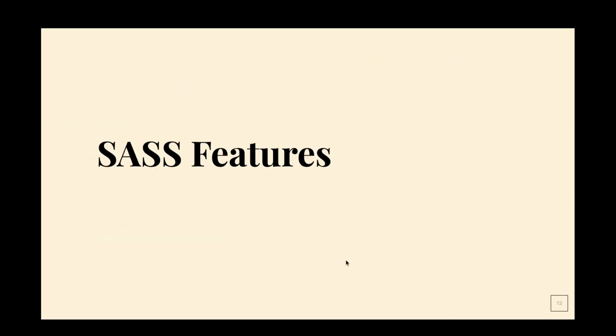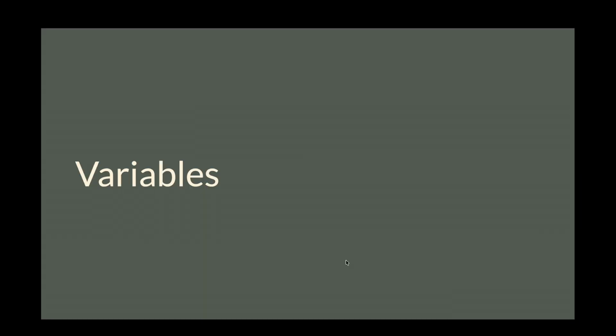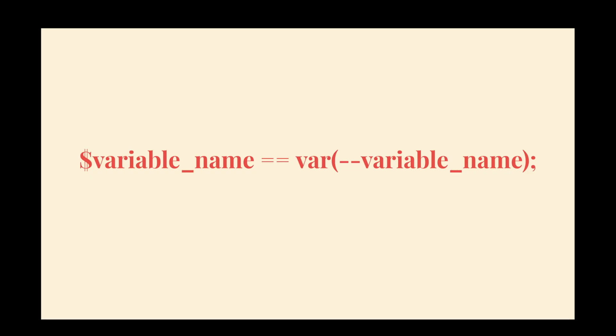Some of the SASS features that are out there that we no longer need. The first one is variables. Variables broke into CSS about 1.5 years ago, and it just makes everything easier. Actually, in CSS they're called properties, not variables, but they're variables. You call them with the var function in CSS, with parentheses and then dash dash whatever the variable name is.